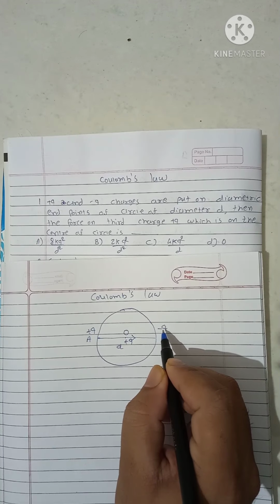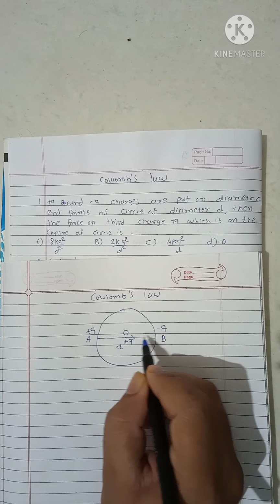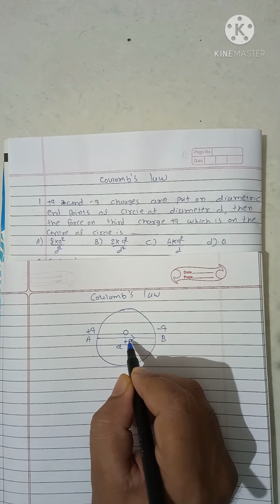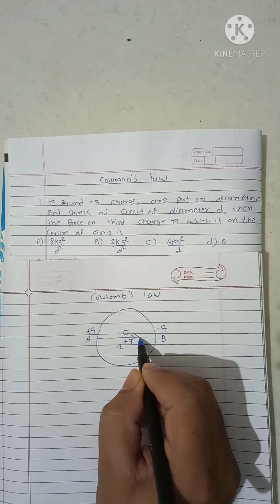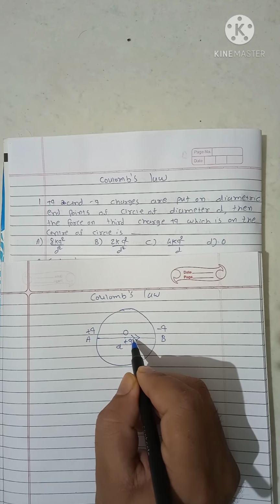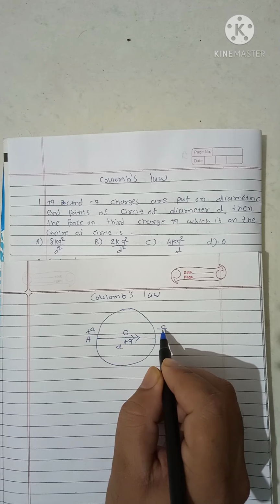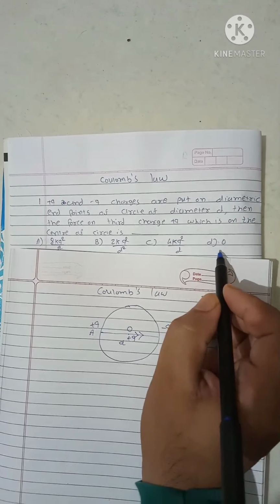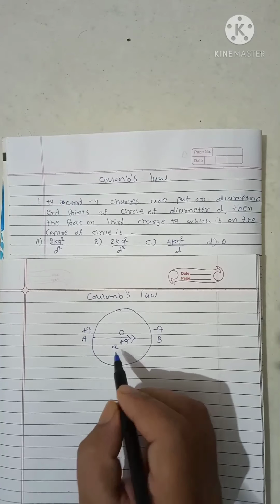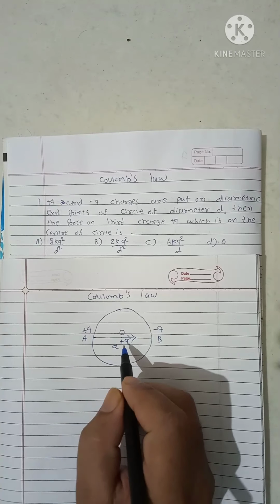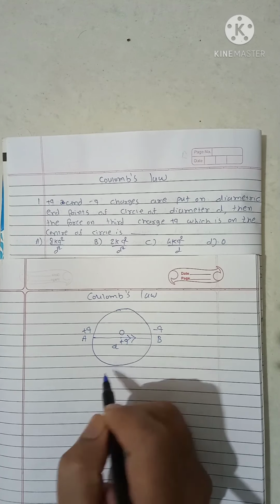The charge at b is negative and the center charge is positive, so the force exerted by this negative charge on the plus charge is in the same direction. So the force is exerted only in one direction, towards the negative charge. Therefore the answer will not be 0, because for the answer to be 0 the forces would have to act in two different directions.